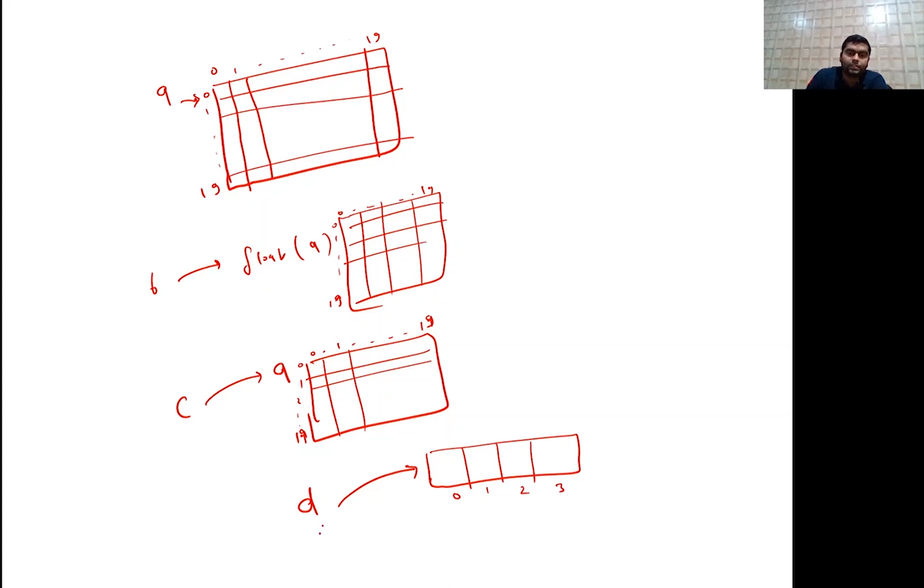So here in this case it is a pointer pointing to an array of 4 elements. So I hope these diagrams are clear to you.